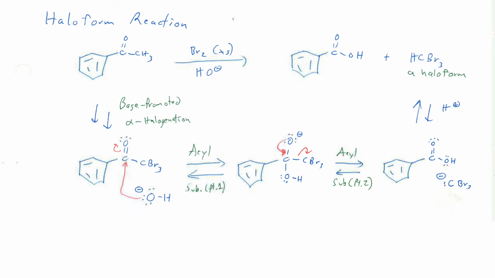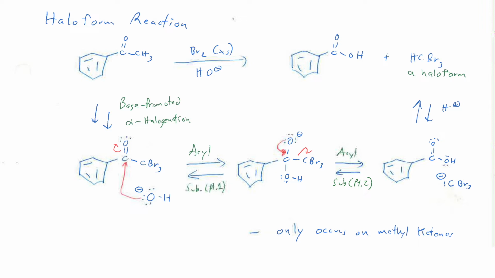You would react your mystery substance with an excess of either bromine or iodine, treat it with hydroxide, and if it formed a precipitate, it meant that it had undergone a haloform reaction because iodoform is in fact a yellow solid. So it was a simple test. If it didn't form that yellow solid, then you know it wasn't a methyl ketone, and only methyl ketones can undergo the haloform reaction.